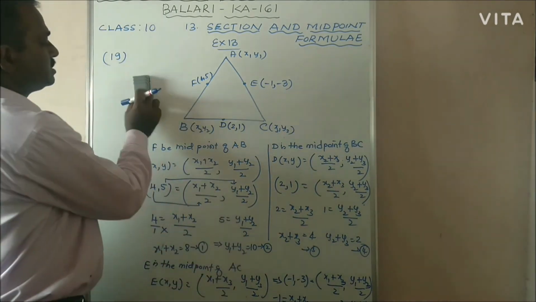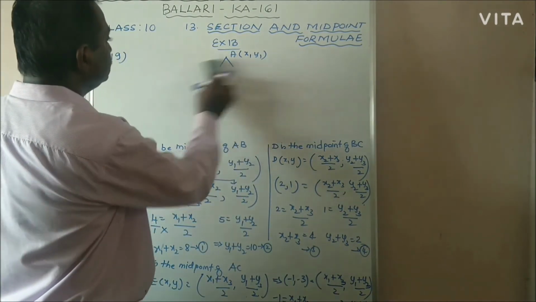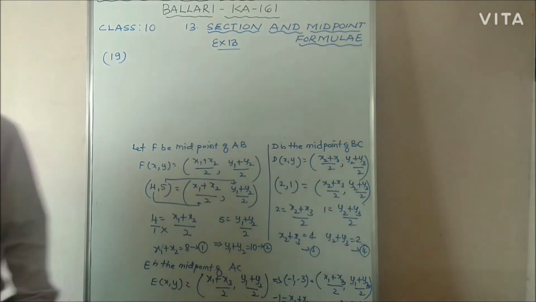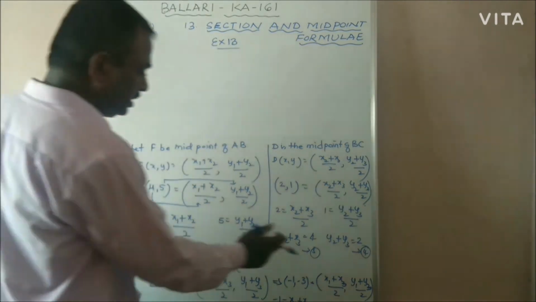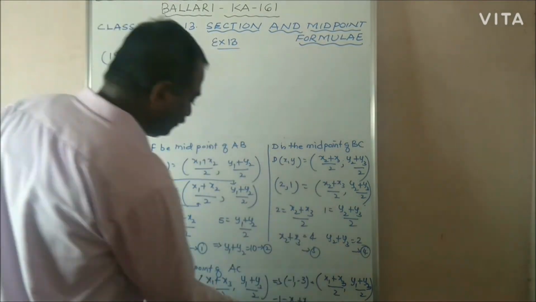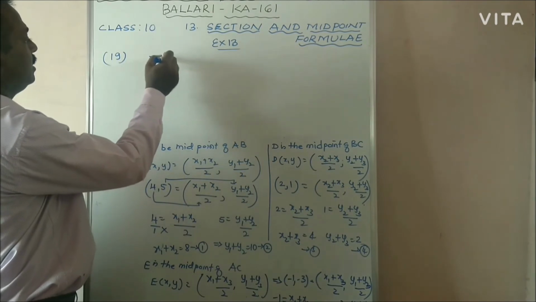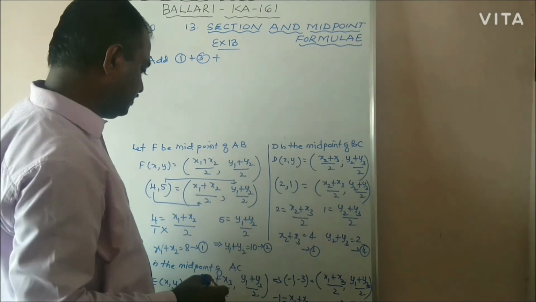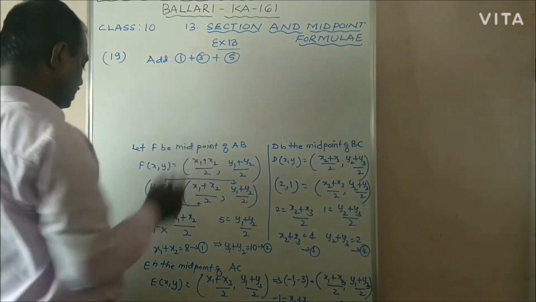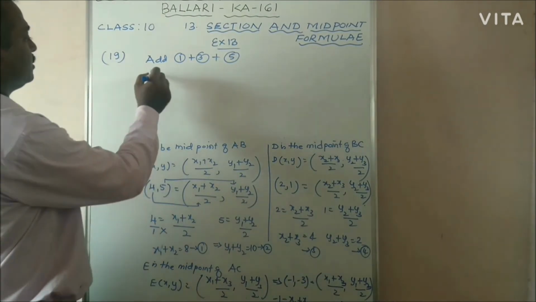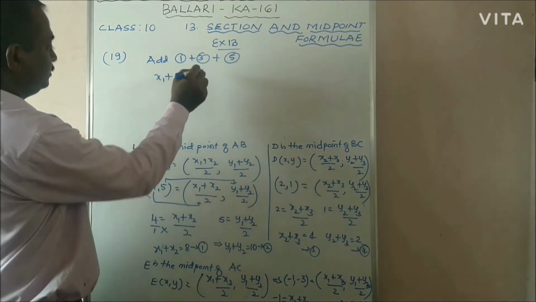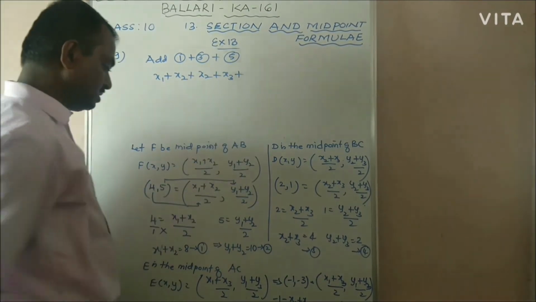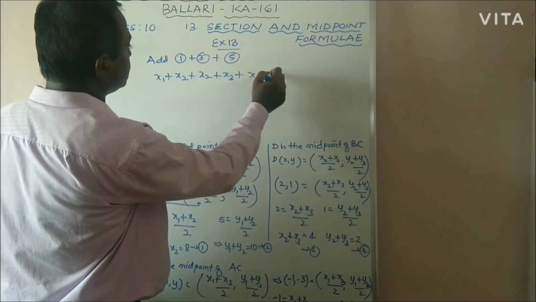So now I will rub this figure. For all the x equations, first equation, third equation, fifth equation, add 1 plus 3 plus 5. What happens? LHS: x1 plus x2, x2 plus x3, x1 plus x3.